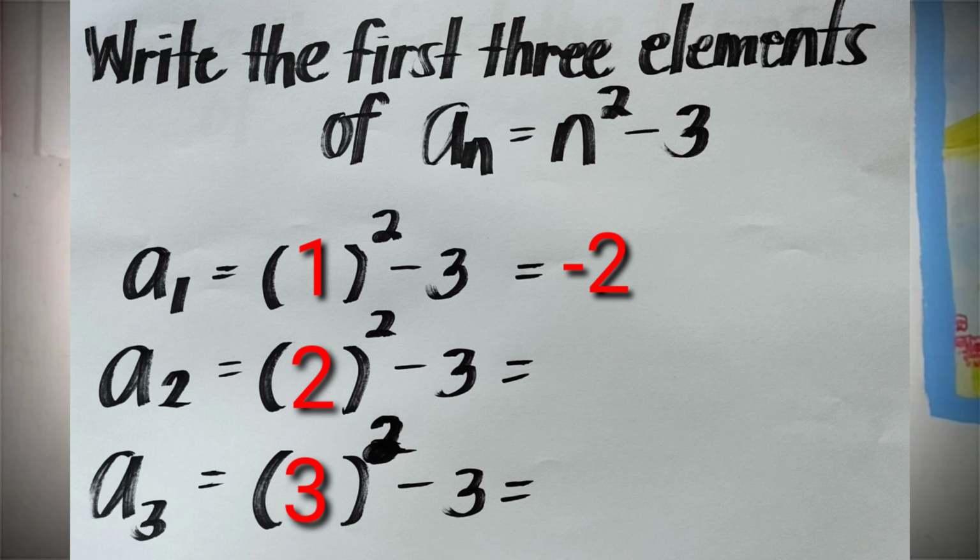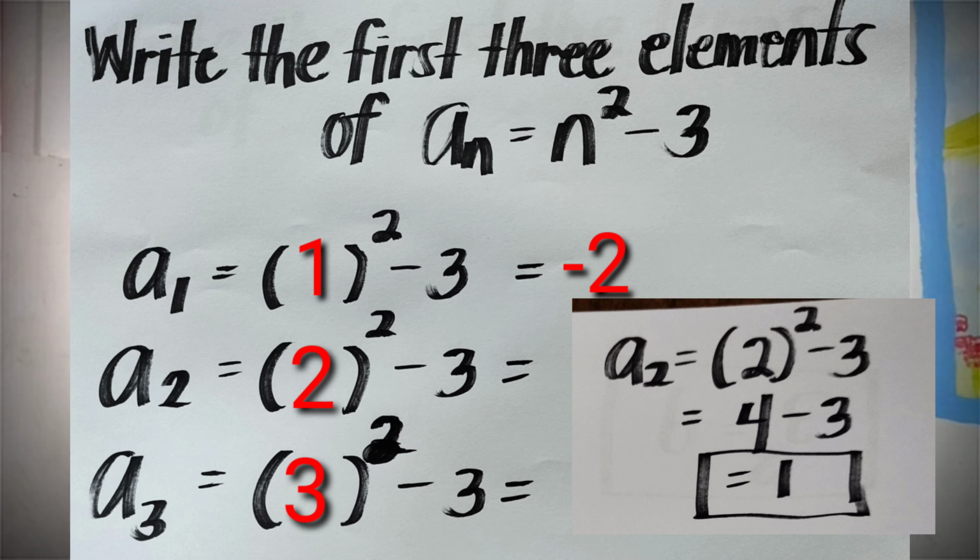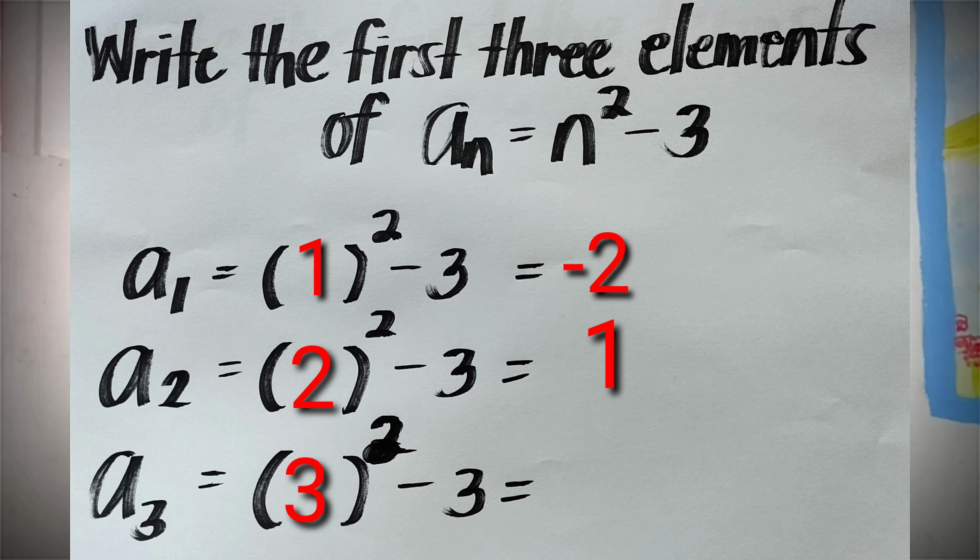Second one, sa 2 naman tayo. A sub 2 equals the value of n, which is 2 squared minus 3. So what is 2 squared? Tama, it is 2 times 2 equals 4. So 4 minus 3 equals 1. Okay, at ang ikatlo, we have a sub 3 equals 3 squared minus 3 equals 6.